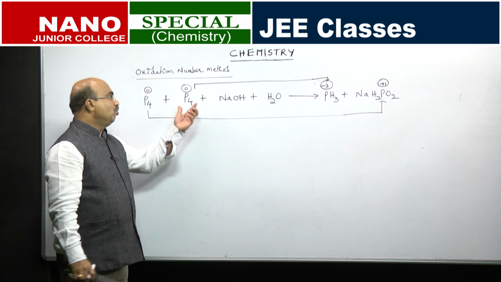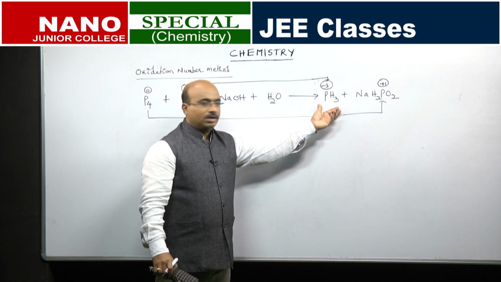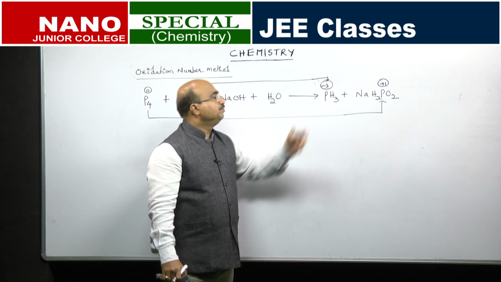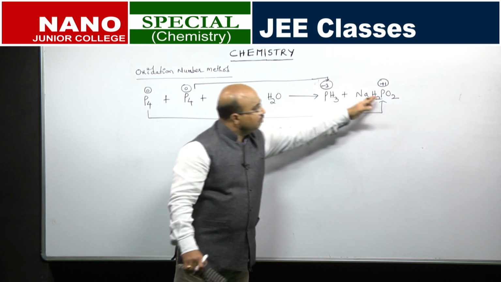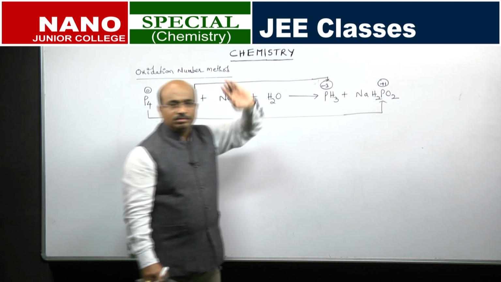So, when you have P4 here, 4, you should have 4 here, that is a default basic logical condition. You have 4 here, you must have 4 here, because we are saying all those are going there.